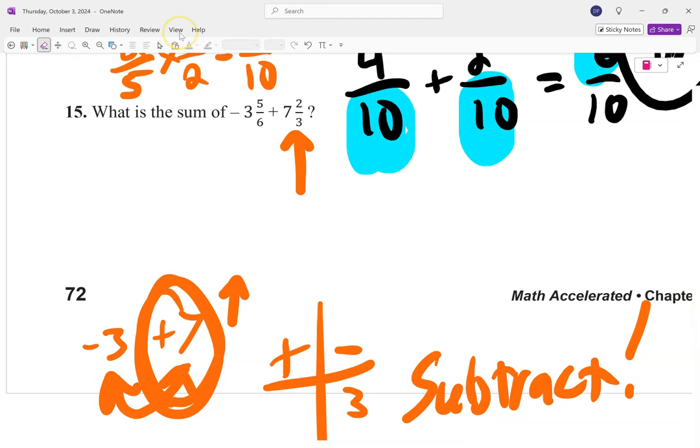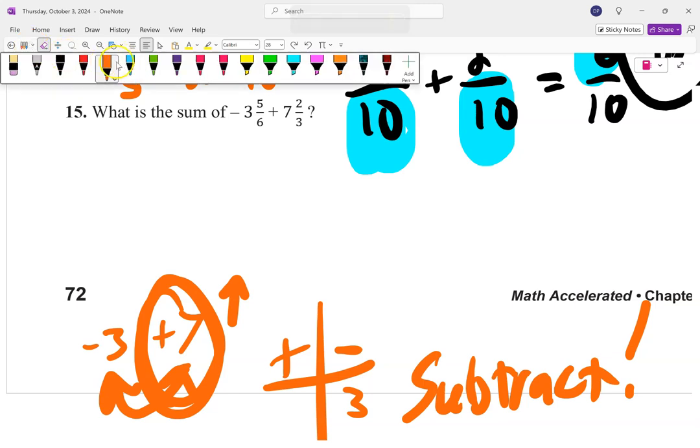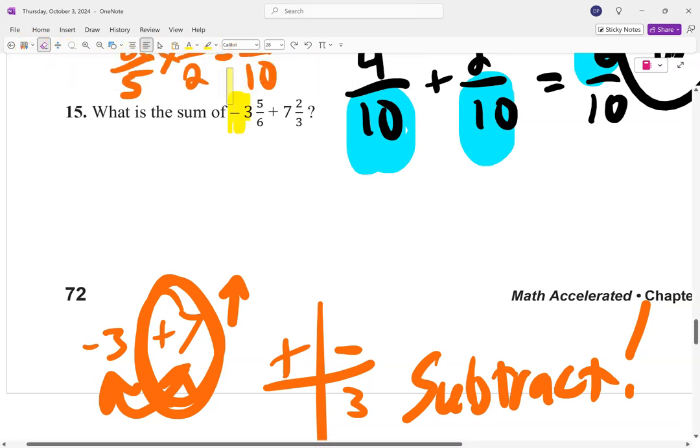Now, before we do that, I want to think about it. Since we're adding and subtracting, we can do the whole numbers separately from the fractions. However, the problem we're going to run into is that you're going to end up with 4/6 and 5/6, and you're going to have to do 4/6 minus 5/6.